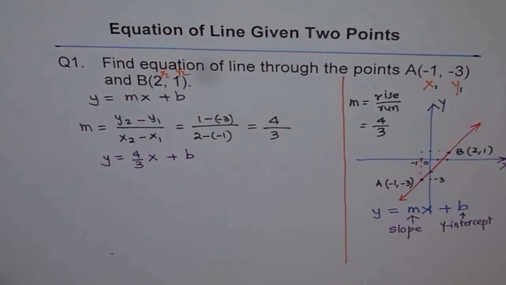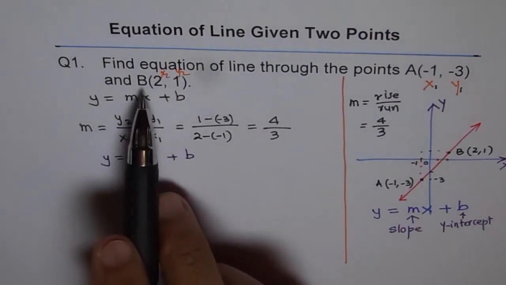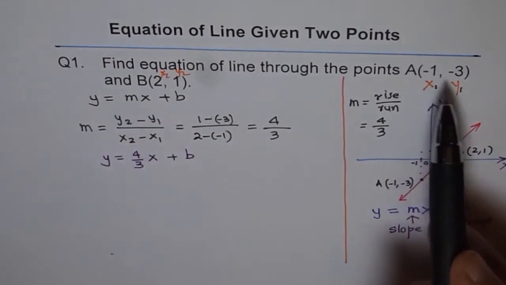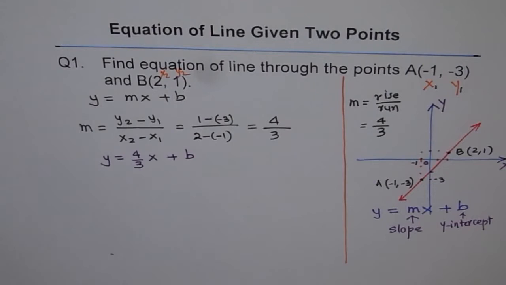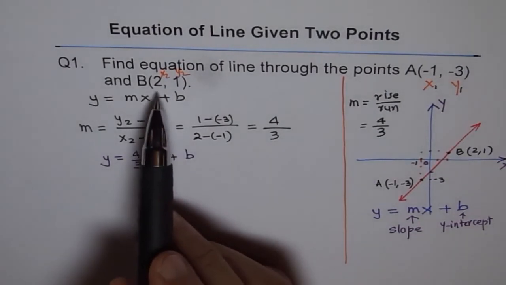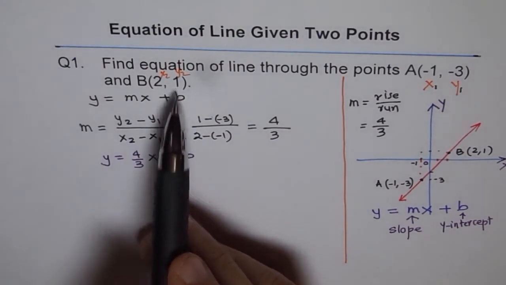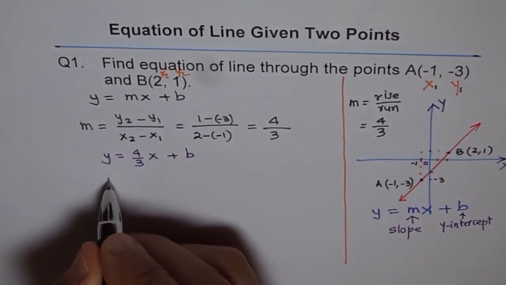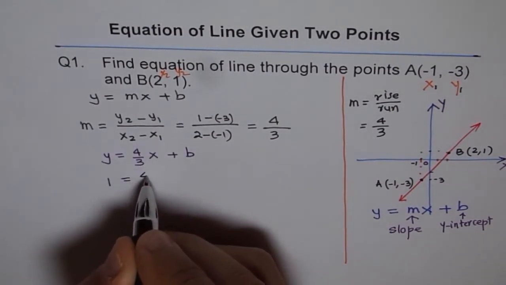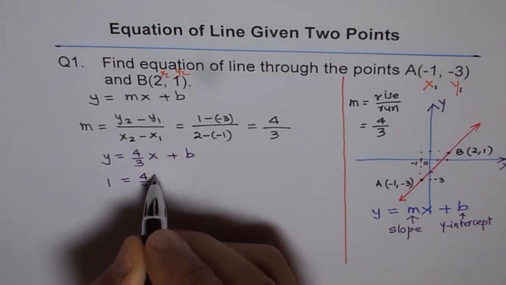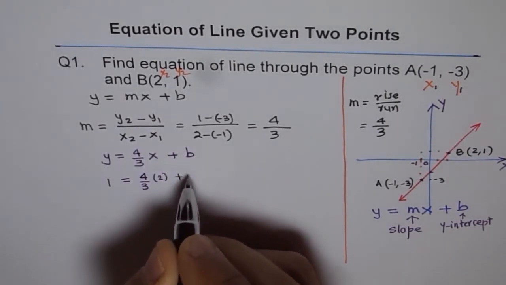To find b, we can use any one of our points, right? We could use point B (2, 1) or A (minus 1, minus 3). Let's use B since 2 and 1 seem to be easier values to work with. So x is 2, y is 1. So we replace y with 1 and x with 2. So we get 1 equals 4 over 3 times 2 plus b.